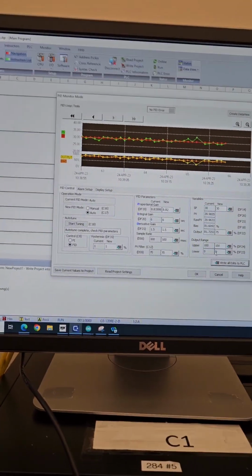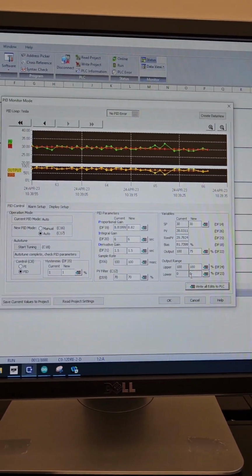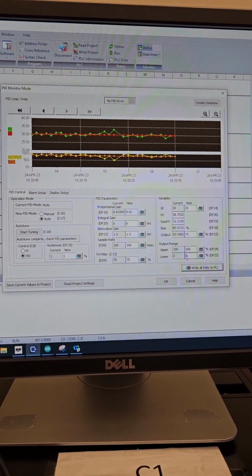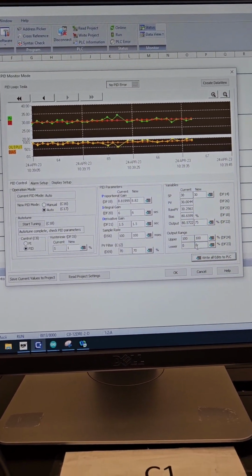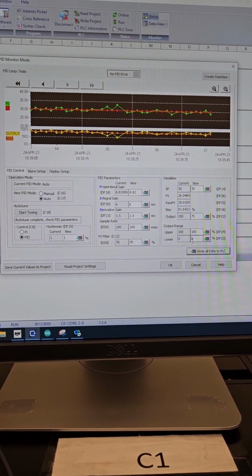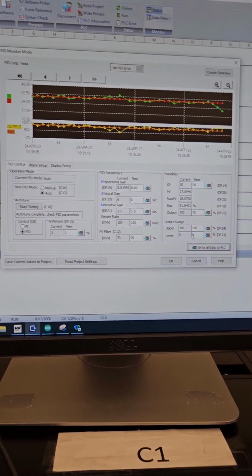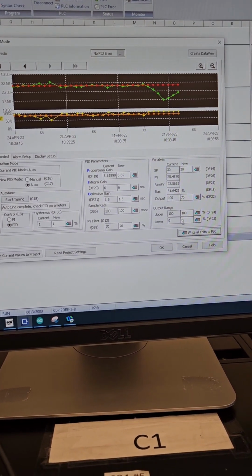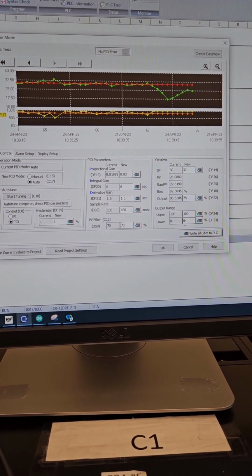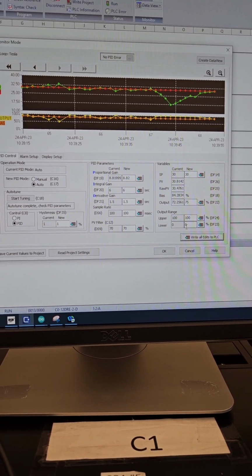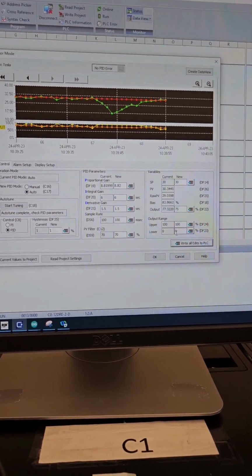Demonstrating the Tesla turbine disturbance with PID control. So I'm going to add a disturbance to the shaft with my finger. And then it's going to correct itself. Disturbance.